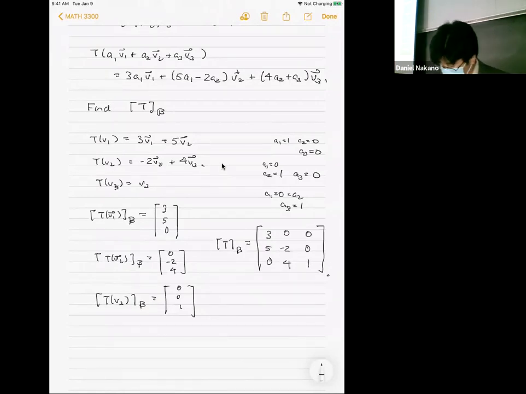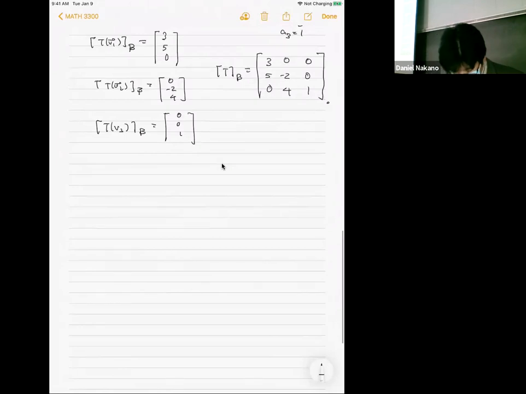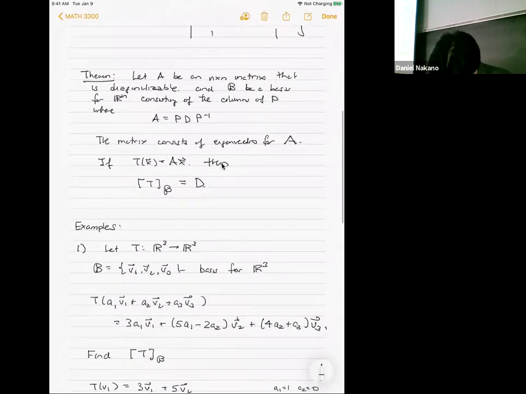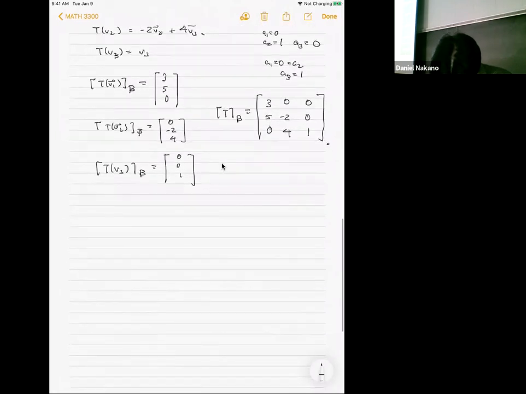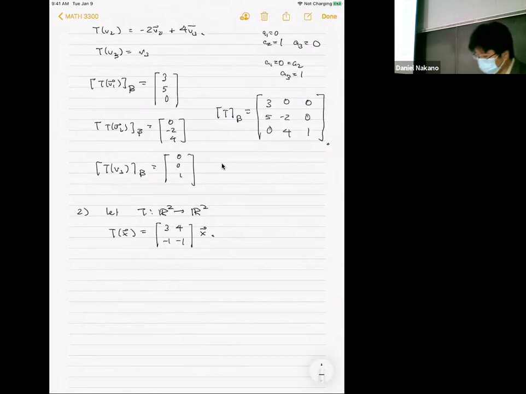All right, so here's another problem. I'm going to call this 2. Let T be a linear transformation from R2 to R2, defined by T of X equals the matrix 3, 4, -1, -1 times X. So it's A times X, where A is this 2 by 2 matrix.